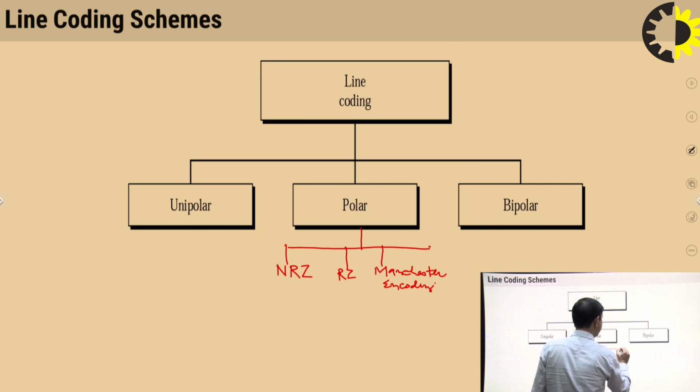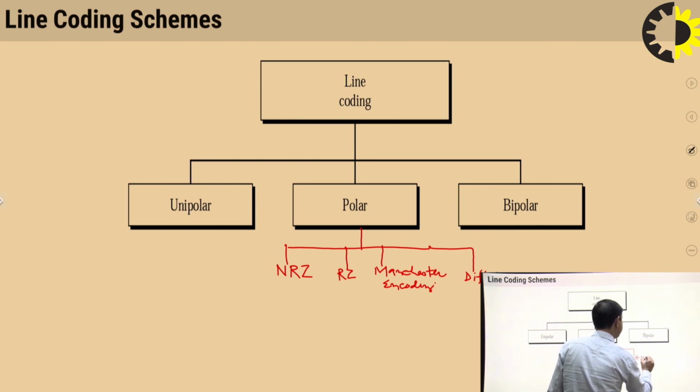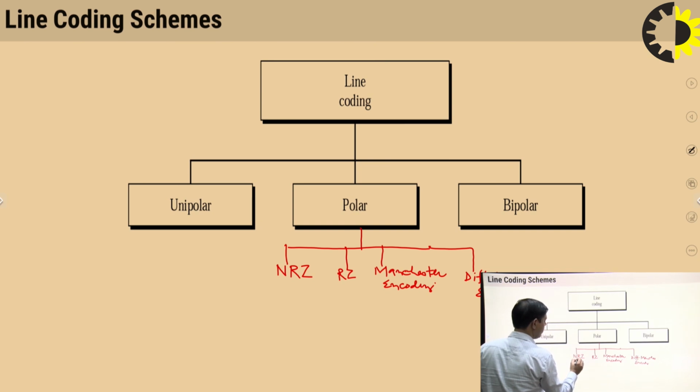And the fourth one is called differential Manchester encoding. NRZ can be further divided into 2 categories.